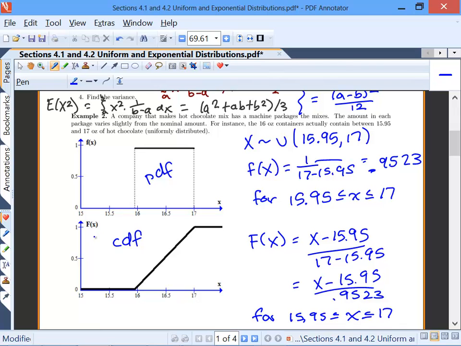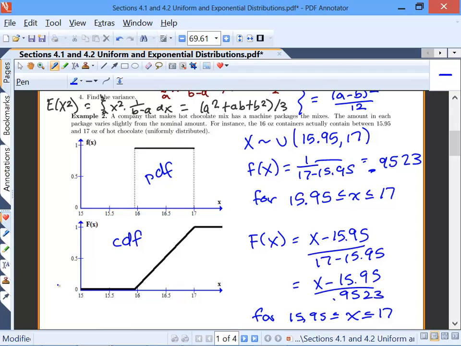And what is it going to be everywhere else? So we have our linear function here. Before we got to our first x value, all the probabilities were 0, so my cumulative probability was 0. Once we get to our 17, we don't add on any more probability anymore. We just keep adding 0, and so we say a flat line at 1. So I just kind of want to show you what the CDF would look like there.